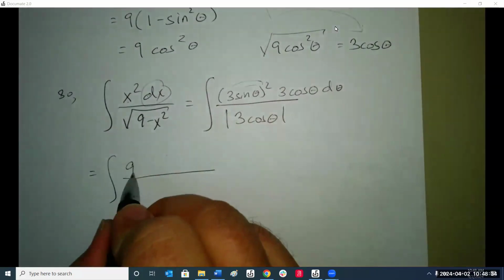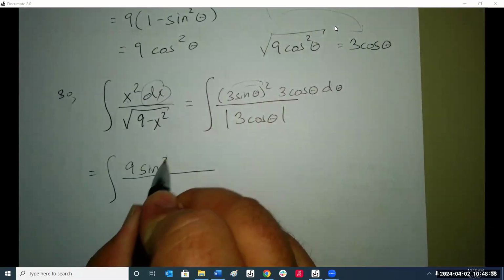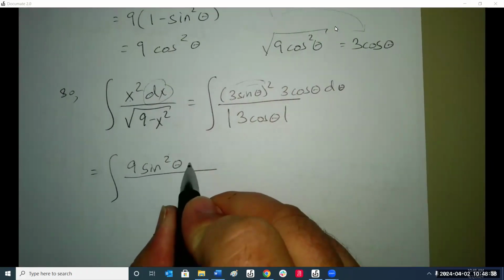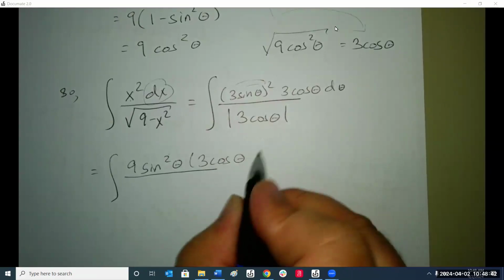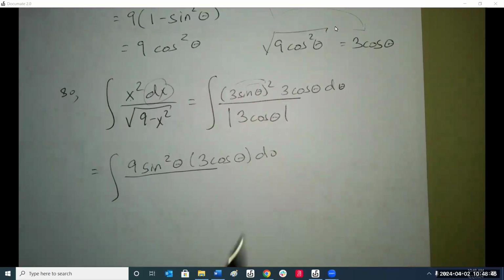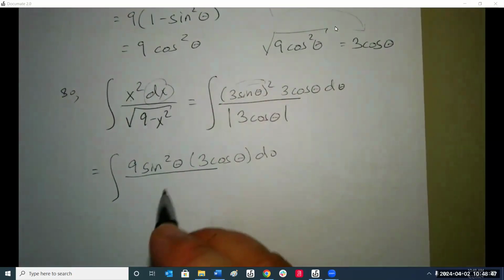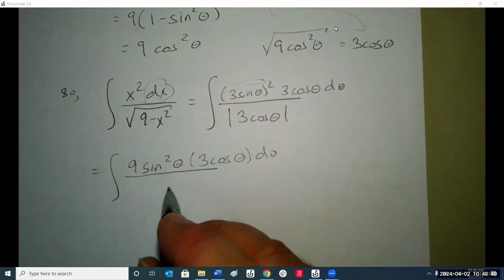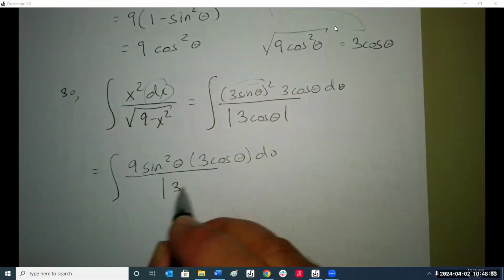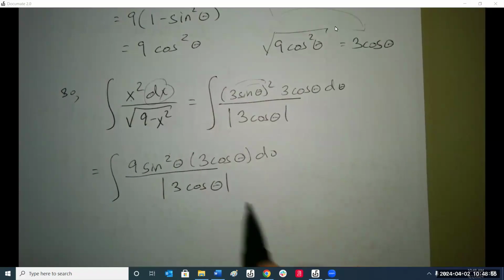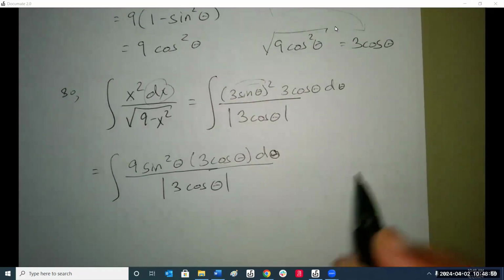Distribute that, so we get 9 sine squared theta times 3 cosine theta, all over the absolute value of 3 cosine theta, d theta.